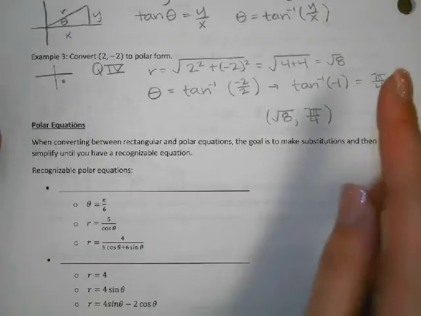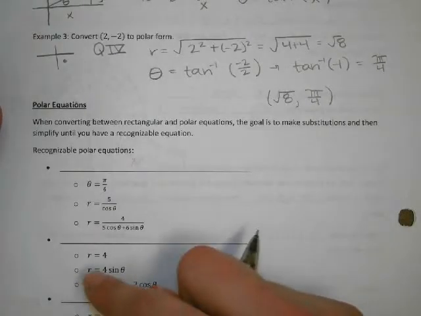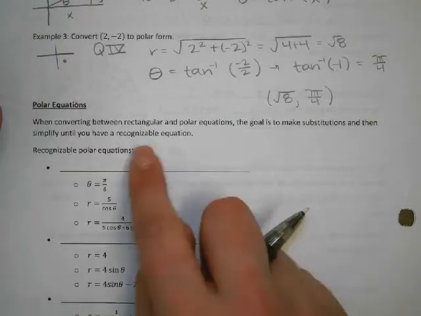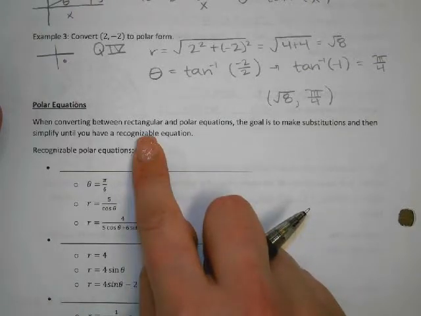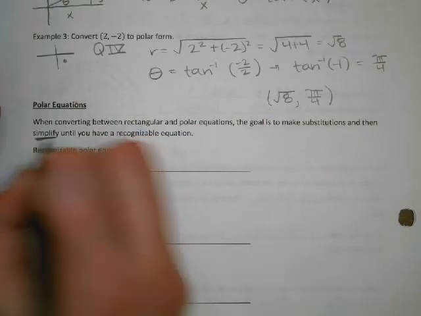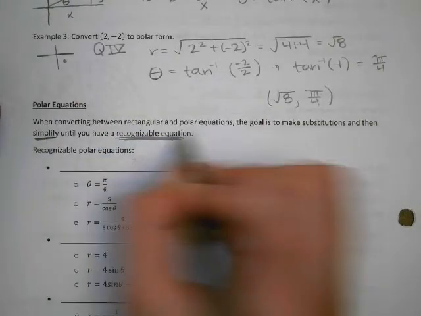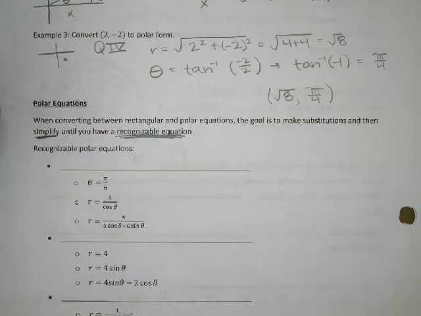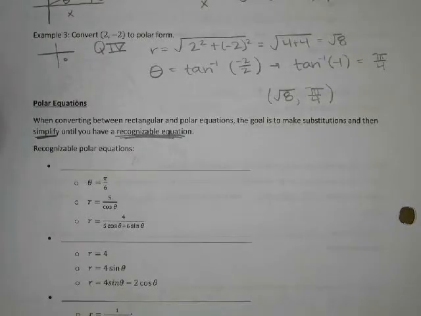Our goal is to continue simplifying after we make the substitution until we have a recognizable equation. Okay, so underline that: simplify until you have a recognizable equation. Because we are used to rectangular problems, it's going to be a little bit easier for us to start with polar and convert it into rectangular because we'll know when we're done. We'll recognize it and then we'll know that we're finished.